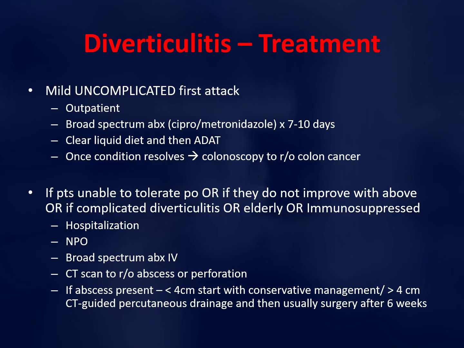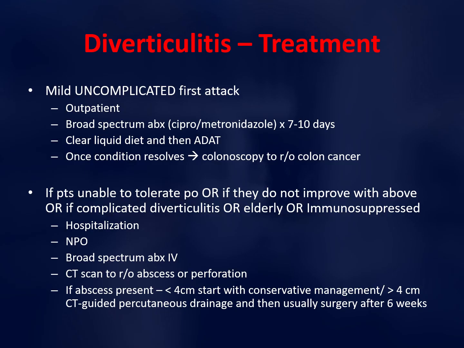If he improves with this management... if the abscess is more than 4 centimeters in size, usually we should intervene to drain it because IV antibiotics would not be enough alone. So we usually do a CT-guided percutaneous drainage for this abscess if it is accessible to interventional radiology, and if not, we drain it surgically.